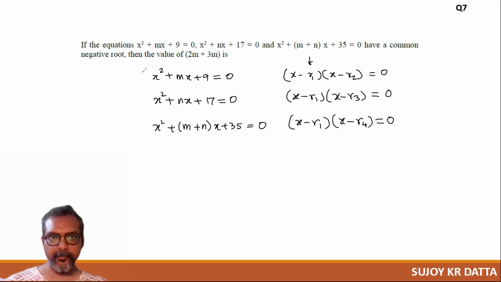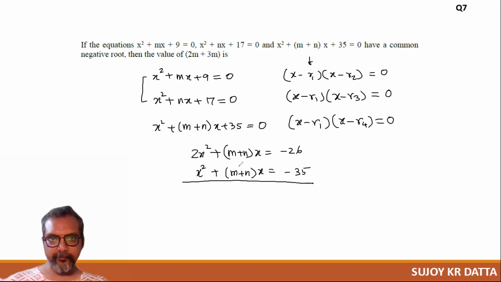So if I were to, let's say, add up these two equations, we would get 2x squared plus m plus n x equal to minus 26. And here we would have x squared plus m plus n x equal to minus 35.